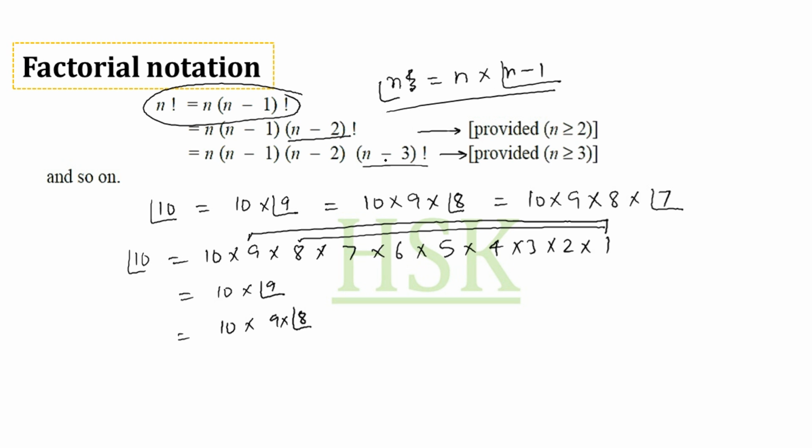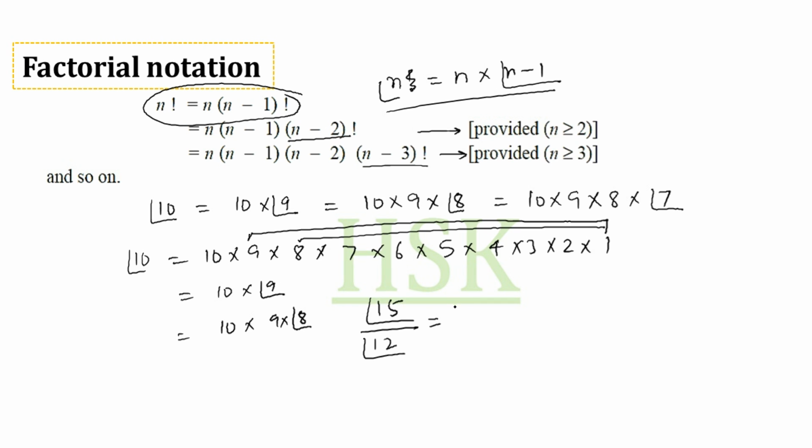This result has some uses, and I am going to use it to solve this value: 15 factorial upon 12 factorial. Actually, it is an oral problem. It is a very easy problem.